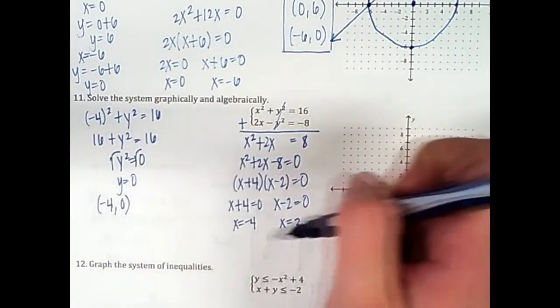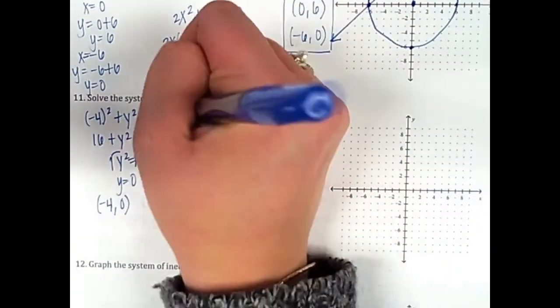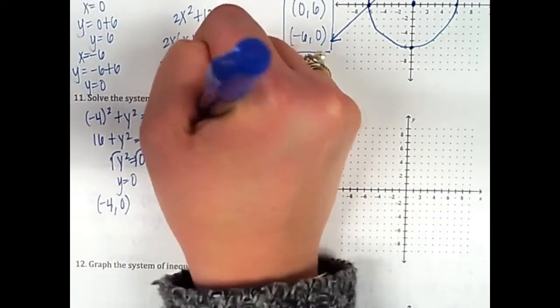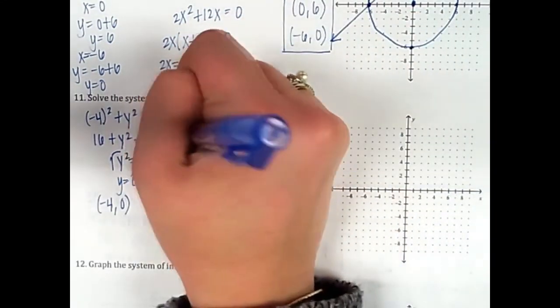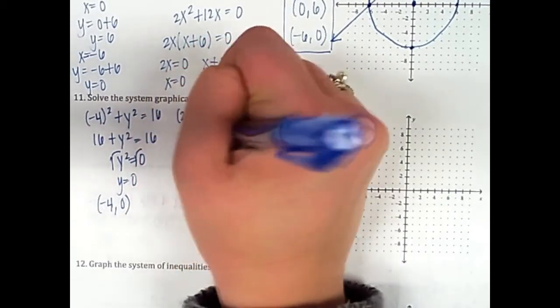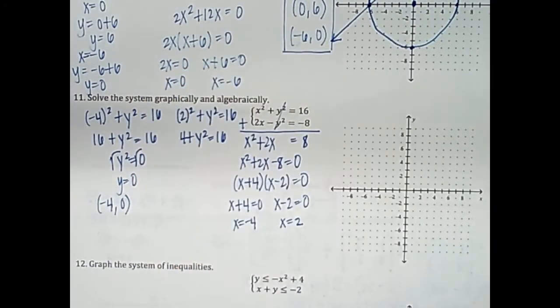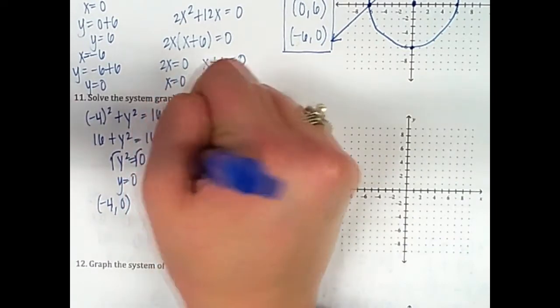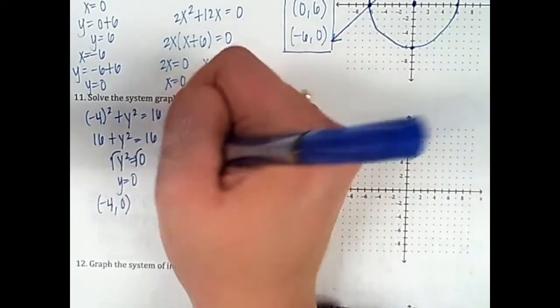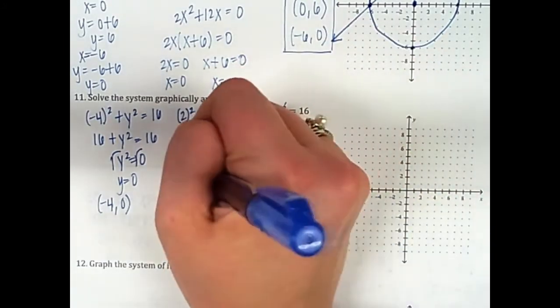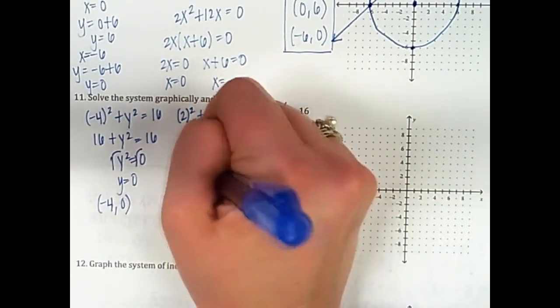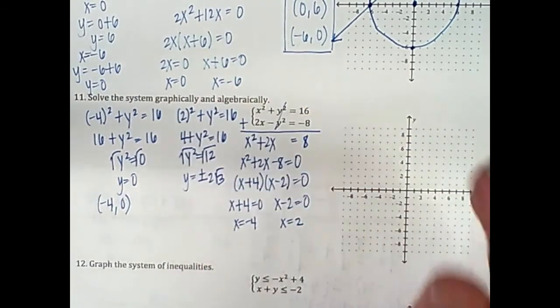Now for when x is equal to 2, we just do the same thing. So 2 squared plus y squared equals 16. So 2 squared is 4. Subtract 4 from both sides, and I get y squared is equal to 12. And so then I would take the square root of both sides to get y equals plus or minus 2 rad 3.